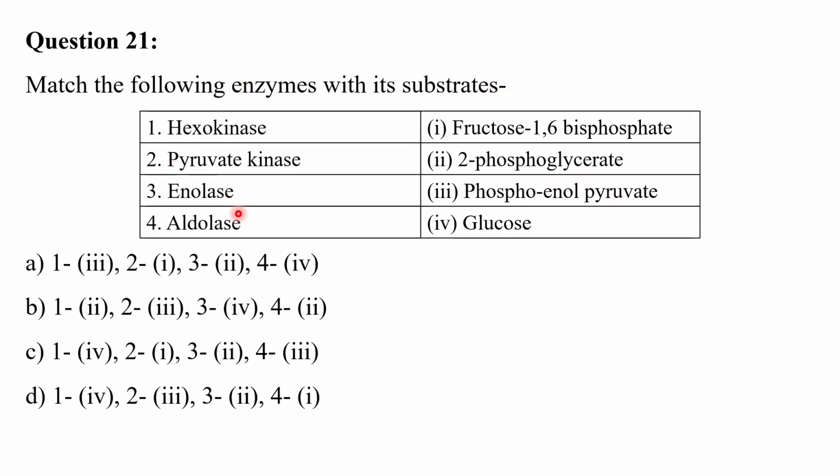Now tell me, what will be the substrate for pyruvate kinase? Pyruvate kinase can take a phosphate out of a molecule and give it to another substrate. From which molecule? Phosphoenol pyruvate. It takes the phosphate out of phosphoenol pyruvate and gives it to an ADP molecule in turn to make ATP.